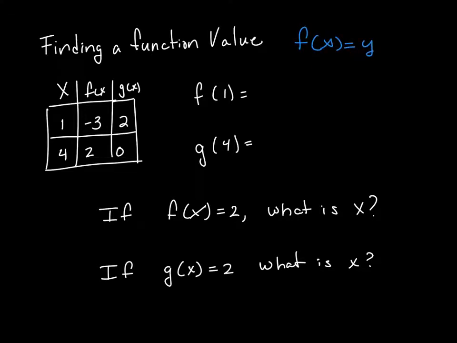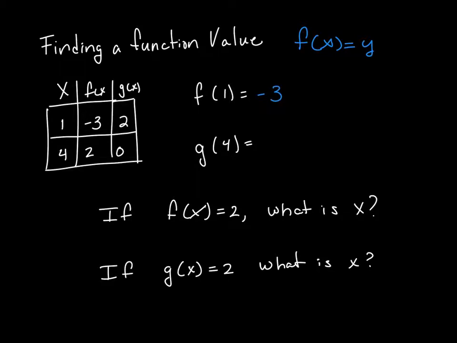What this means when I write this is the number inside here is the x value, the input, and the output is y. So if I'm looking at the first piece I have, f of 1, or the function value at 1, where 1 is my input, my output here is negative 3.